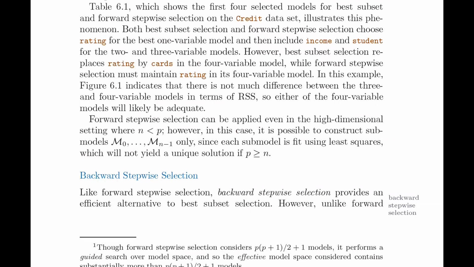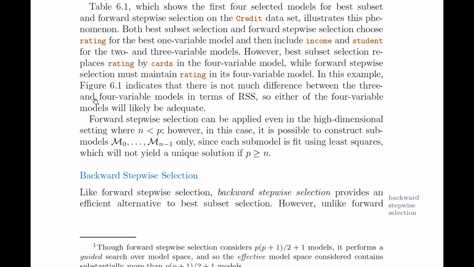However, best subset selection replaces rating by cards, and that can never happen in forward stepwise selection. There's never going to be a replacement. Once something has been picked, it's going to appear in all subsequent models, each time augmented by a further predictor variable, while forward stepwise selection must maintain rating in its 4-variable model.